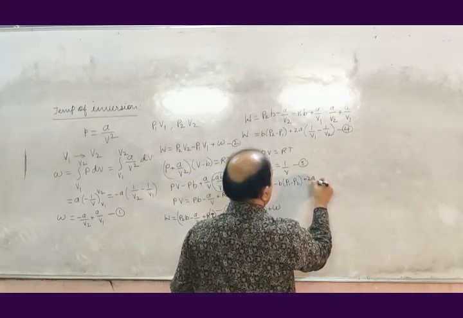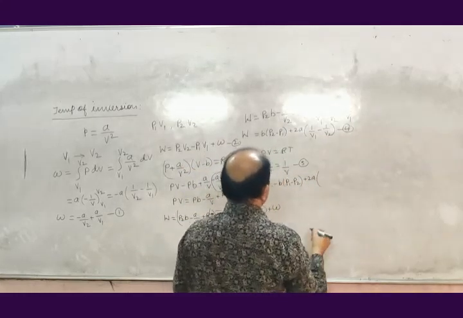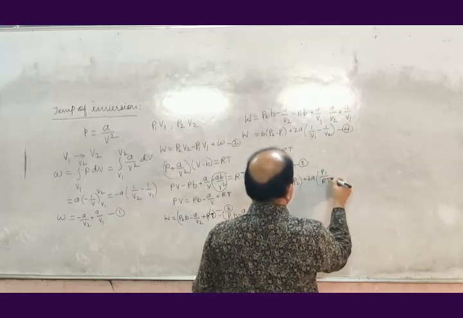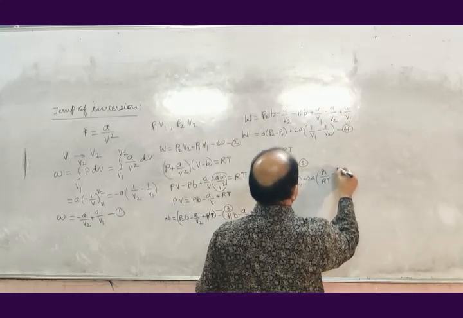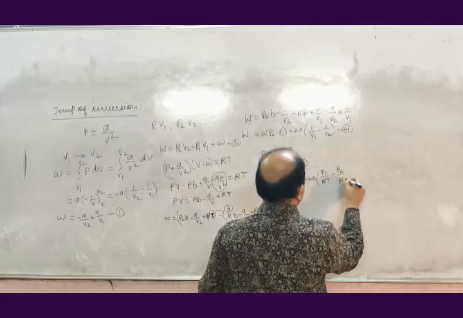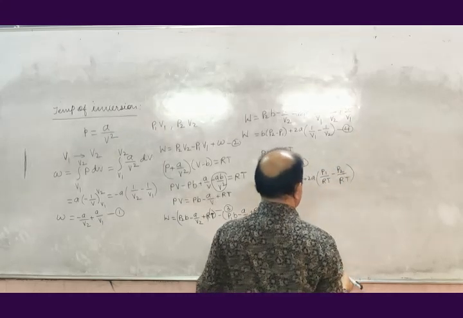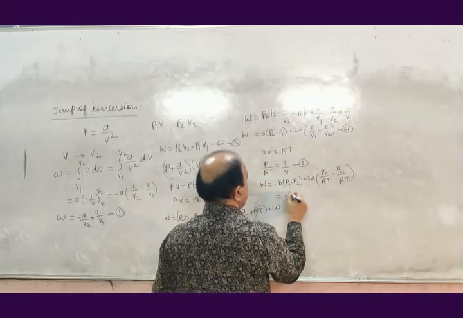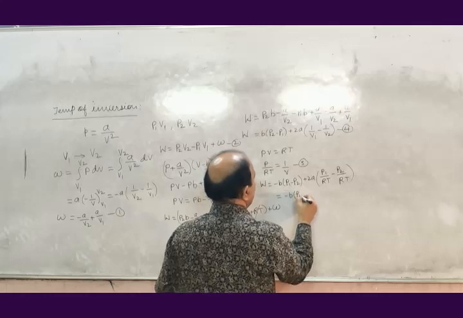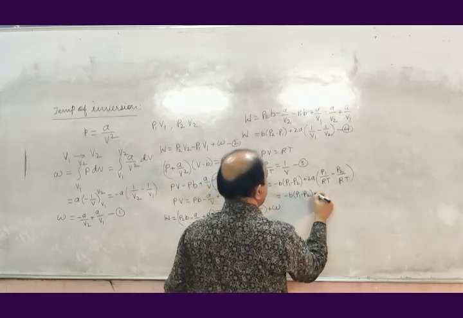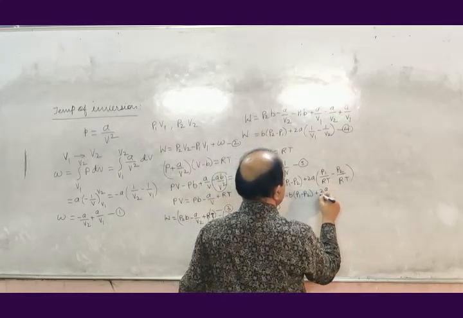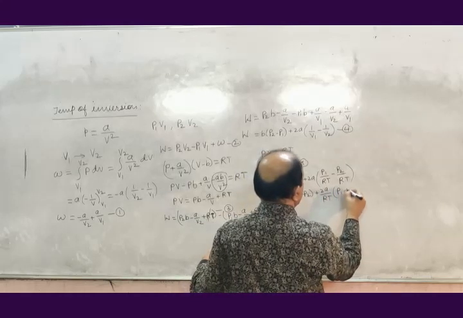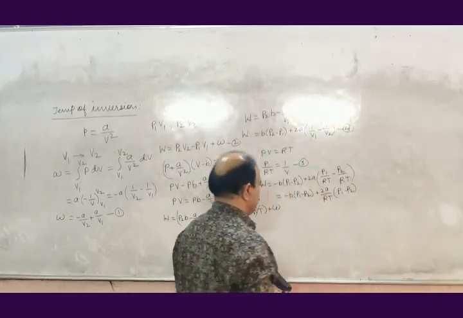plus 2A into 1 by V1 is P1 by RT minus P2 by RT. If RT is taken common, this W will be minus B into P1 minus P2 plus 2A divided by RT into P1 minus P2.